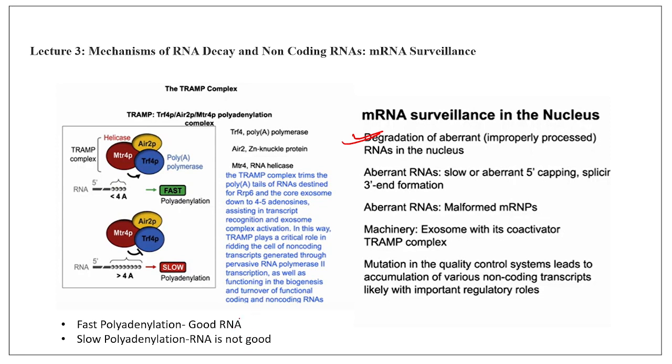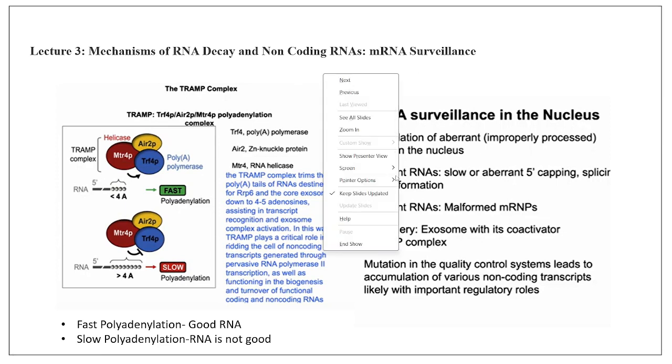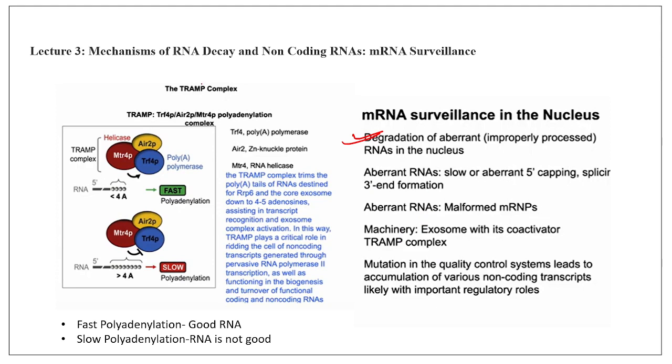Okay. Now what will happen? The RNA in which polyadenylation is very slow is not a good RNA, that is a bad RNA, and that RNA would be degraded. And the RNA in which the polyadenylation is fast means it is properly made, properly processed. So there, that RNA would not be degraded.